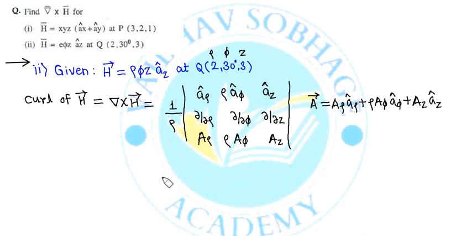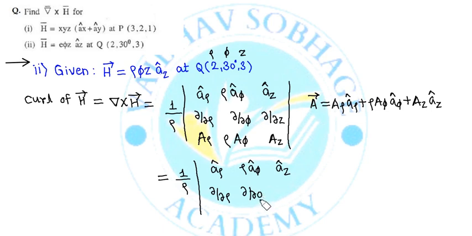Now we are going to put our values for your given vector H. So keep this 1 upon rho as it is. Now that arrow, then we have the second term, that is rho a phi, and we have this to be what? A z. Then this will be as it is, d by d rho, d by d phi, and d by dz.